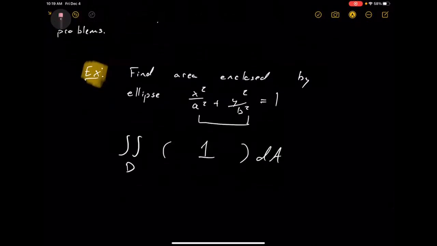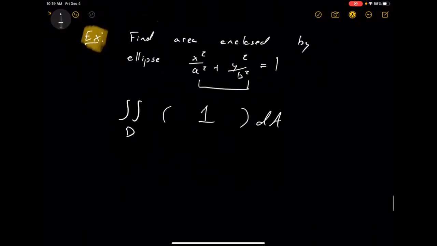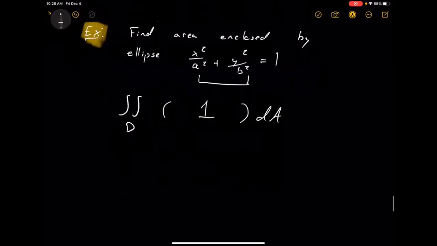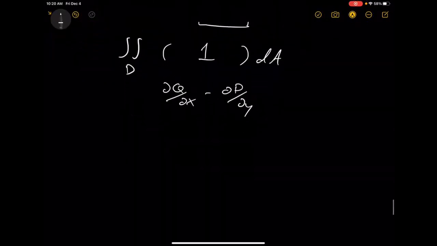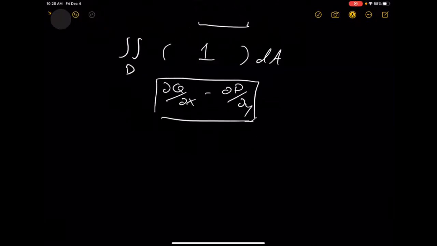So maybe we should convert to a line integral. When I convert to a line integral, I'm looking at this number 1. I'm saying this number 1 is my ∂Q/∂x minus ∂P/∂y. So I want to find P and Q such that the difference of their partials is equal to the number 1.